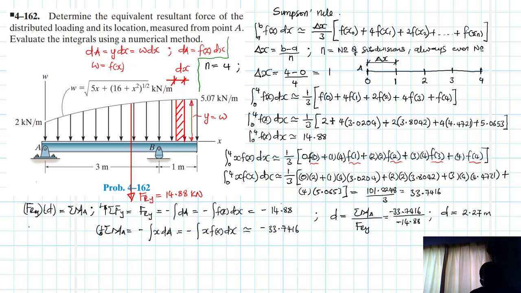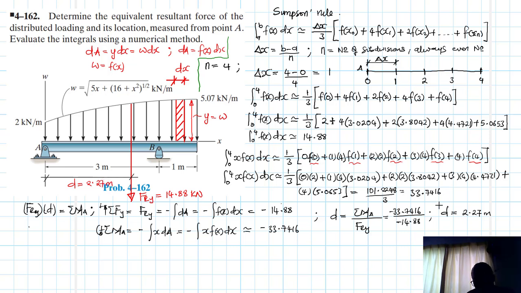And then this distance here, this lever arm, or the position measured from A, this D is equal to 2.27 meters.